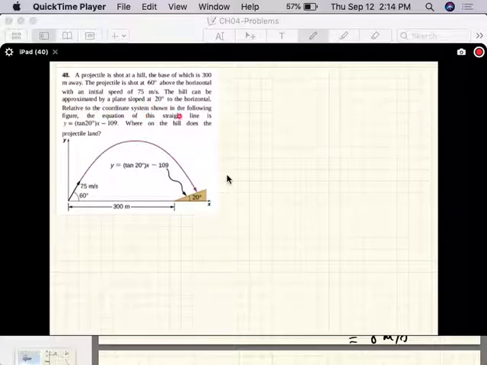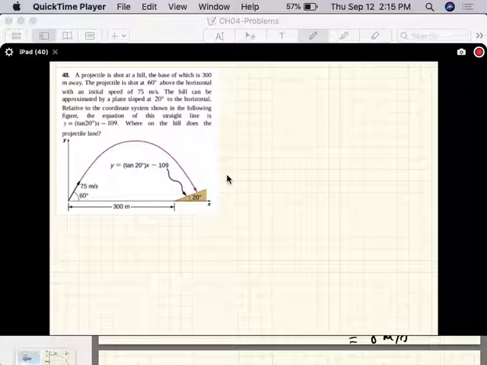Relative to the coordinate system shown in the following, the equation of this straight line is y = tan 20 degrees x minus 109. So let's make sure that at x equal to 300, what should be the value of y? 0.